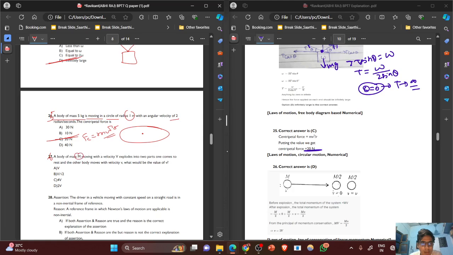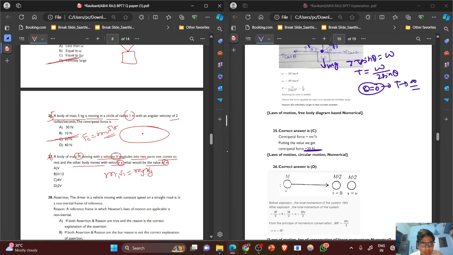A body of mass m moving with a velocity v explodes into two parts. One comes to rest, another body moves with velocity v. What is the velocity v? It's again a conservation of linear momentum question. So simply m_initial v_initial equals m_final v_final.